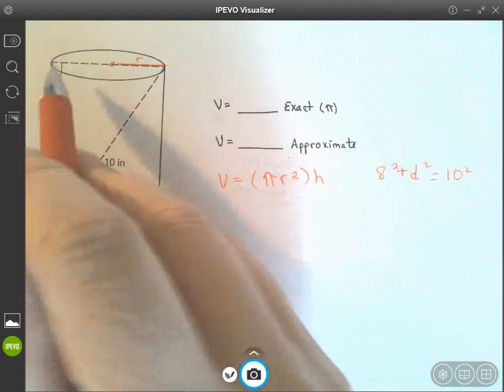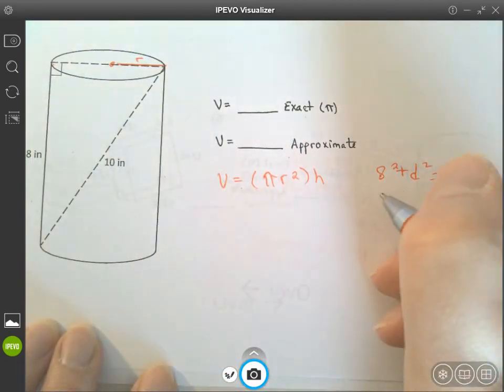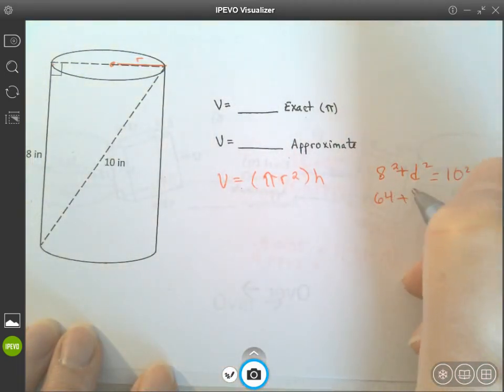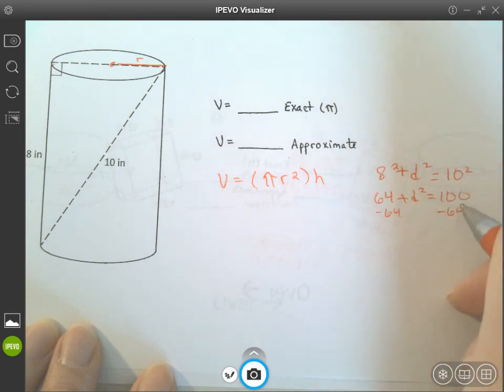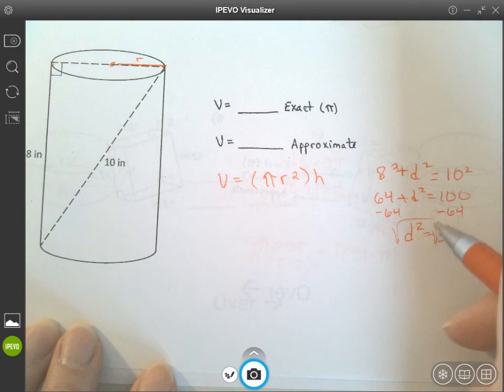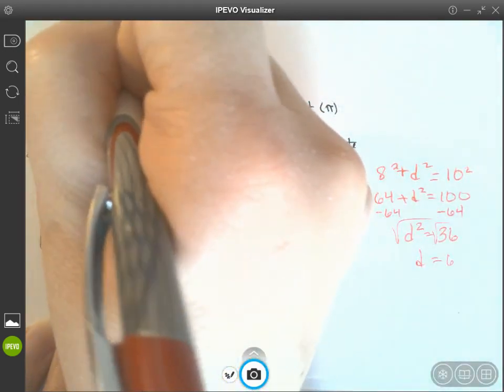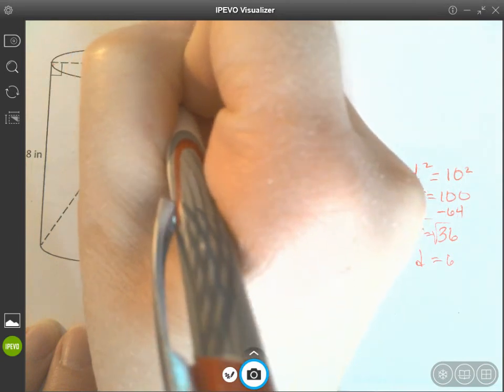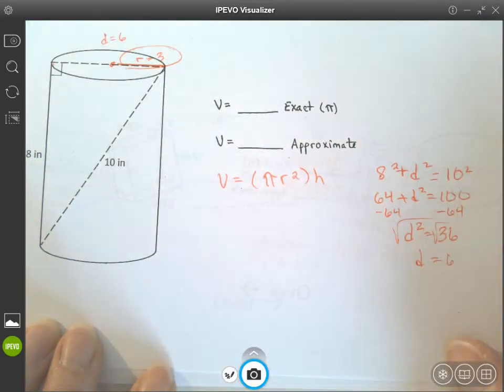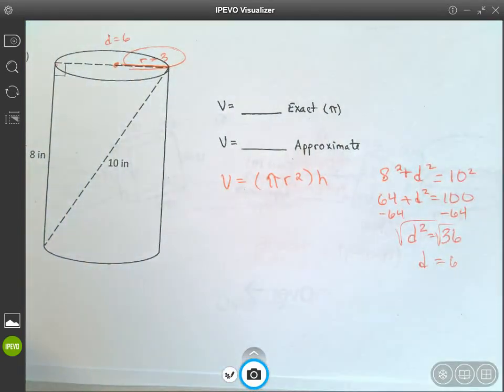Remember, it's a leg squared plus a leg squared. All right, so what are we getting? I would subtract 64, and I think we should get 36. Is that true? All right, then what? Square root. So the diameter is 6. But what's the radius? All right, well, then that's what I want to use. Okay, so I am setting you free to finish this.